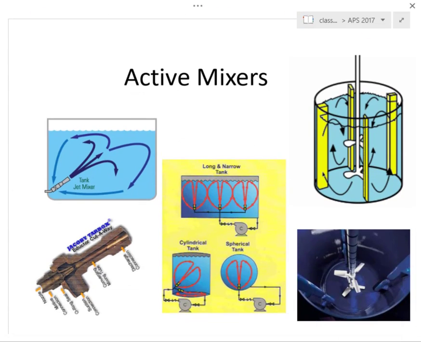Now, we can also have active mixers where we put energy into the system with some kind of mechanical means. One way to do it is with an inductor, and here's a picture of an inductor.